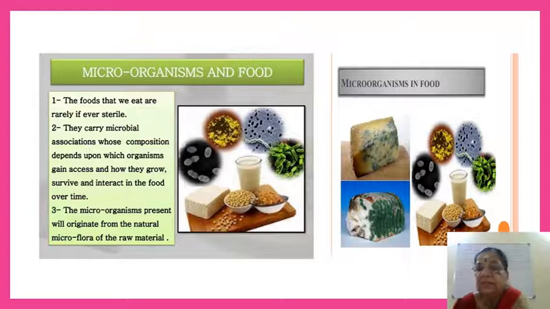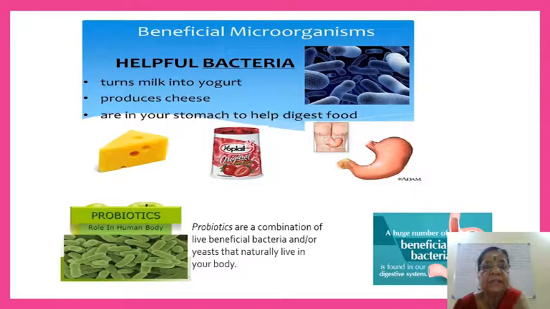Okay. The next one, it is beneficial microorganisms. இது என்ன சொல்லிருக்கு? First, helpful bacteria. It turns milk into yogurt. Yogurtனா இந்த தயிர் மாதிரி உள்ளது. Then it produces cheese. இதுதான் yogurt. This is cheese.